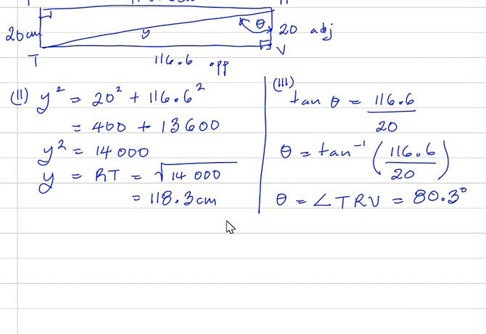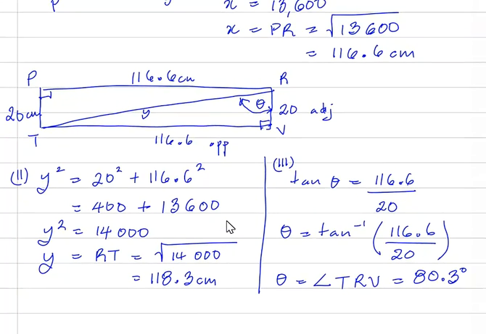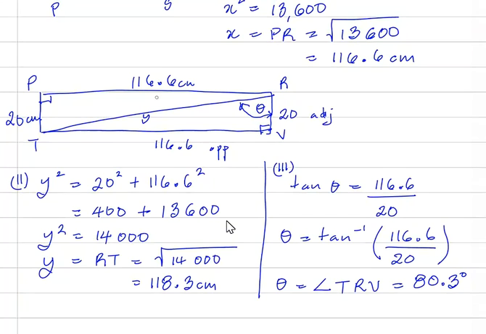So in moving from PR to RT, what is the size of the angle moved through? That would be this angle here, because you're dropping RP for it to become RT, and the angle it moved through is this angle here, alpha.